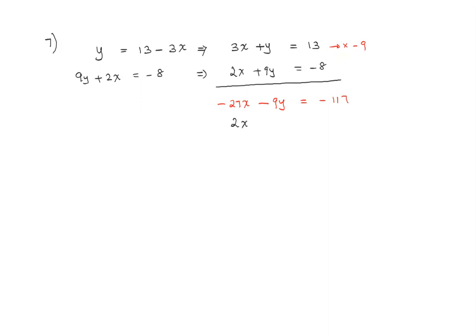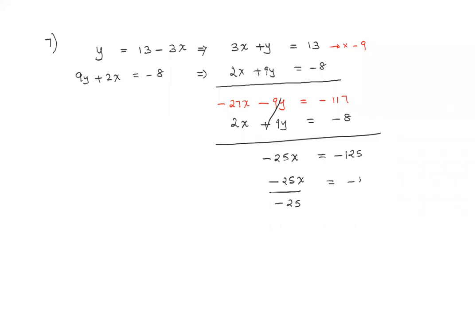So 2x plus 9y equals -8. So when we add them, these two get cancelled. That is called the addition method or the elimination method. And we get -25x equals -125, and divide both sides by -25. So we get x equals 5.